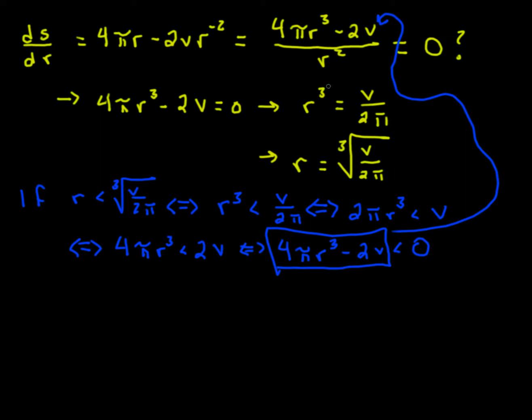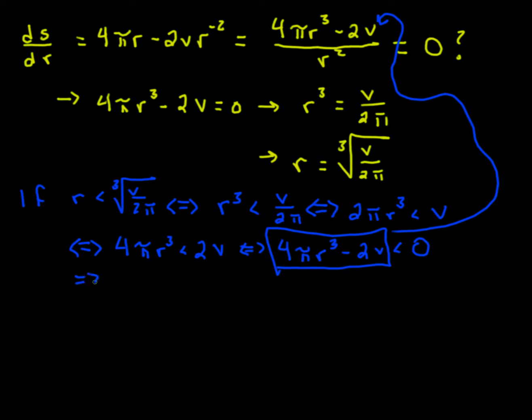And the denominator is squared, so it's always positive regardless of the value for r. And we know r is positive anyway. So what do we know? Well, if r is less than our critical value, then the numerator of our derivative is negative, which means the whole fraction is negative.